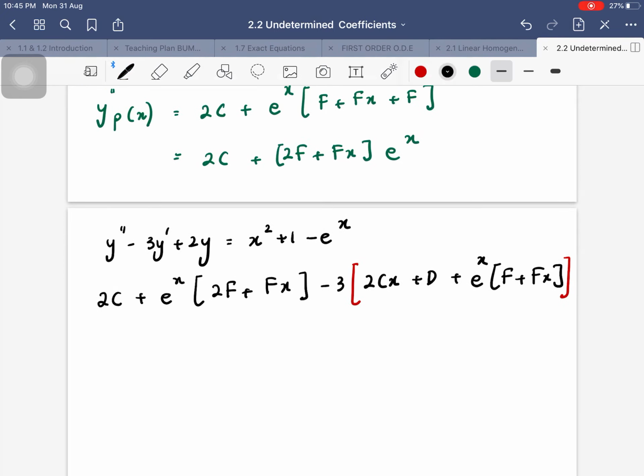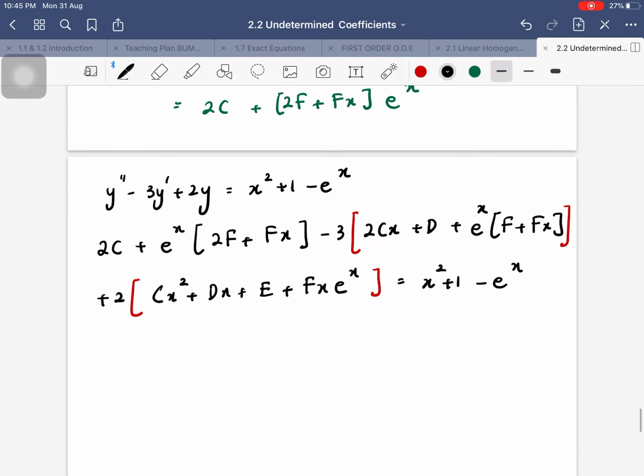And then I'm going to have plus 2 times everything in terms of y, which is cx squared plus dx plus e, and then plus fx exponential of x. And that is going to equal x squared plus 1 minus exponential of x.